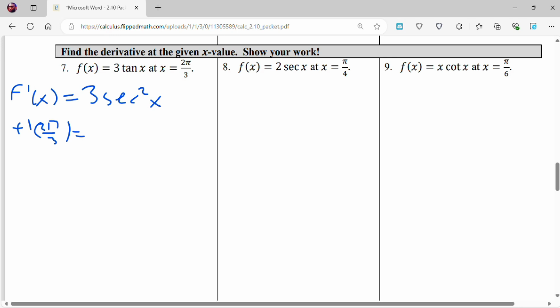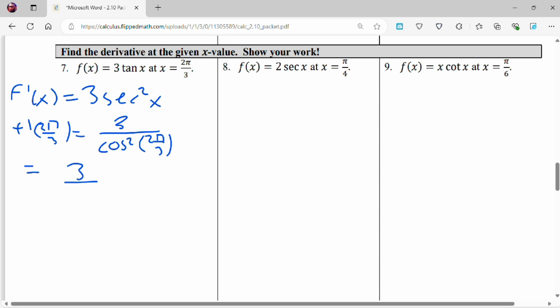So we could write secant squared x as 1 over cosine squared x, right? So 3 over cosine squared of 2 pi over 3. Cosine of 2 pi over 3. So unit circle. 6, 4, 3, 2, 3.